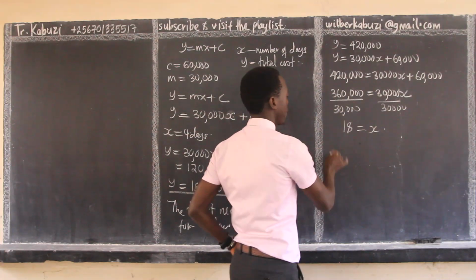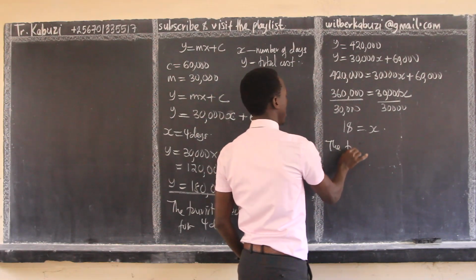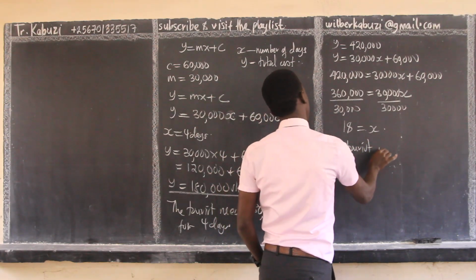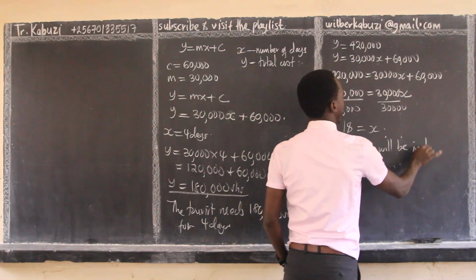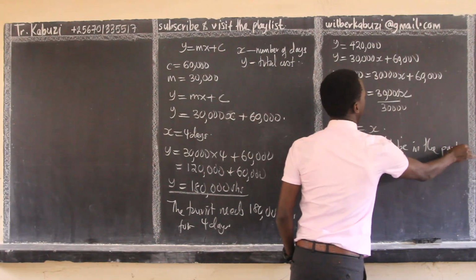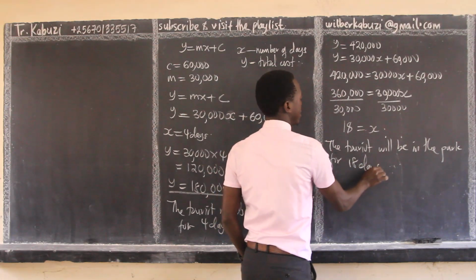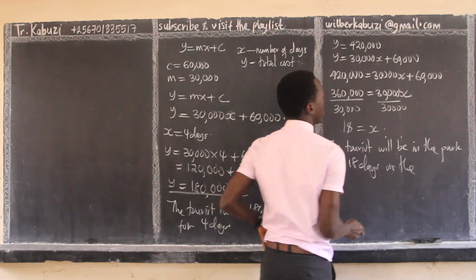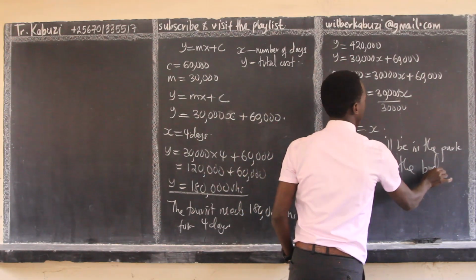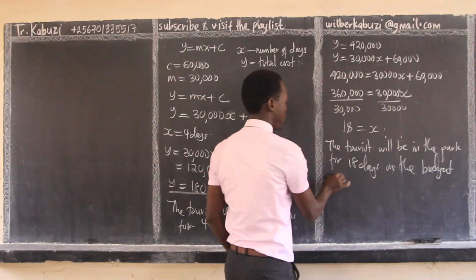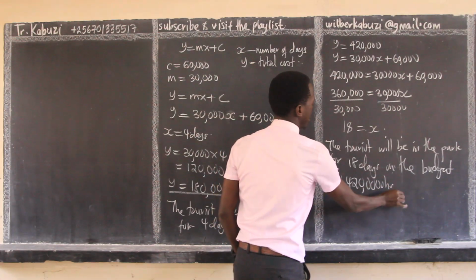So the tourist will be in the park for 18 days on the budget of 420,000 shillings.